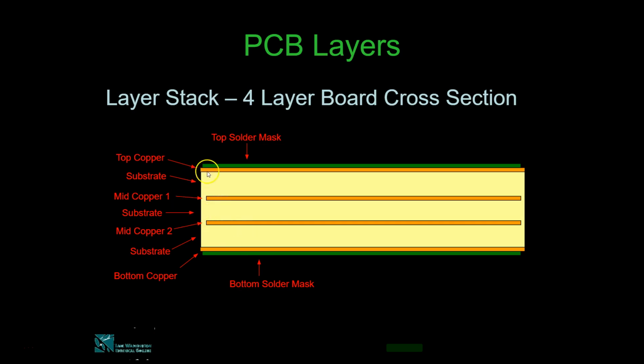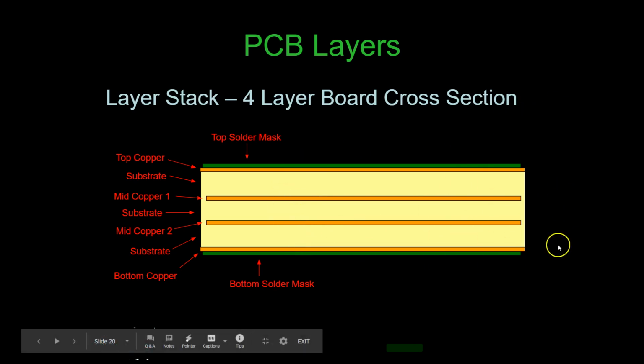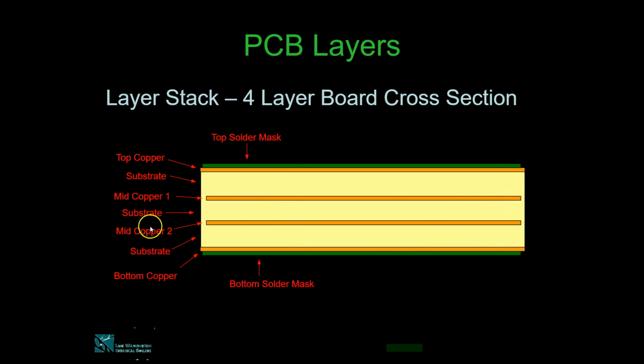All of these are substrates, and in the middle, these are again the copper plate inside the PCB. So this makes it a 4-layer board: 1, 2, 3, and 4 copper layers. So this makes up a 4-layer PCB board.